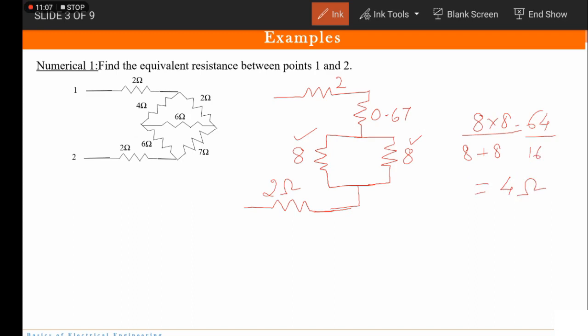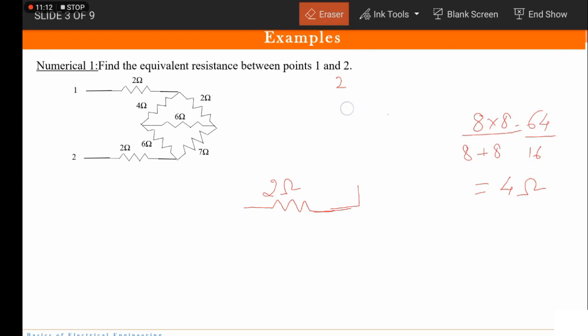Correct? So what I'll do is I'll replace this part. So now I have a 2 ohm resistor. I have 0.67 and a 4 ohms. So this is 0.67 ohms, and this resistance comes out to be 4. Okay. Now what is the final connection? All the resistances are connected in series.